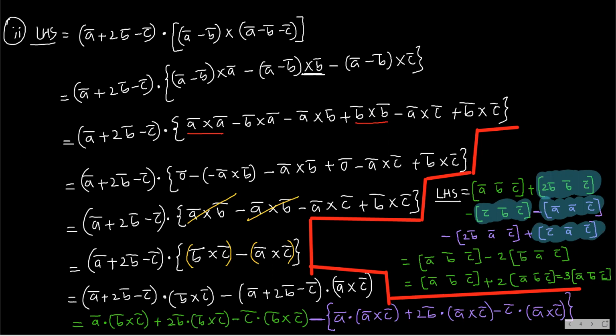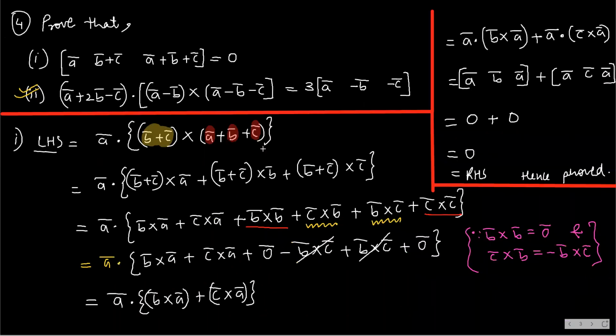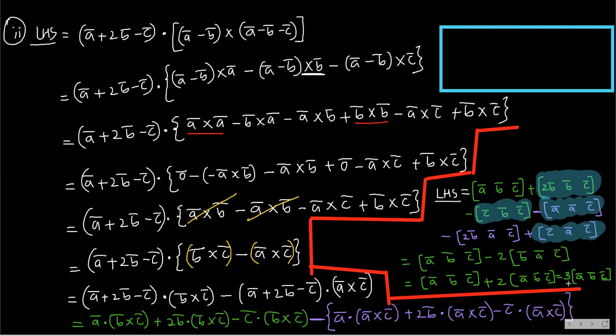See, the RHS here, I will write RHS here. What was RHS? RHS was 3 times A bar minus B bar minus C bar. RHS is equal to 3 times A bar minus B bar and minus C bar.